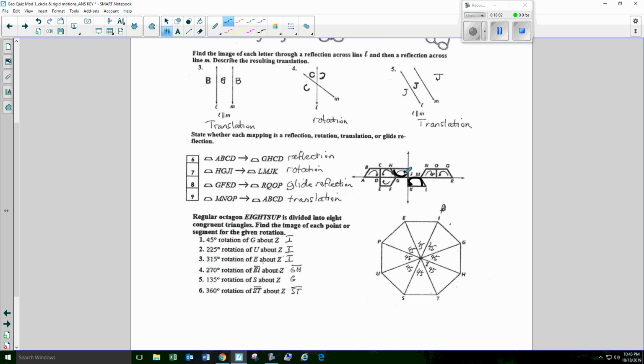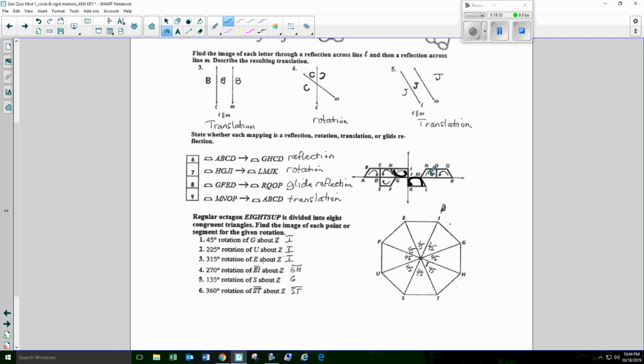Counterclockwise, counterclockwise, same orientation. That means it's either translation or rotation. Well, obviously it's not a translation because it does not look exactly like this shape just slid down here. So it has to be a rotation. And you can see that if I take corresponding points, it goes right through the origin, and so it's a rotation of 180 degrees from quadrant 2 to quadrant 4, if you want to think of it with our quadrants. We'll come back to glide reflection in just a second.